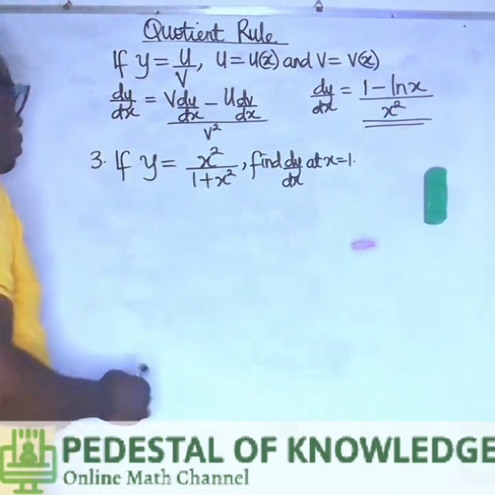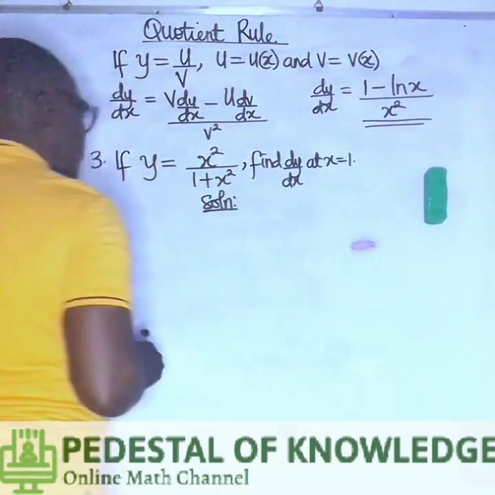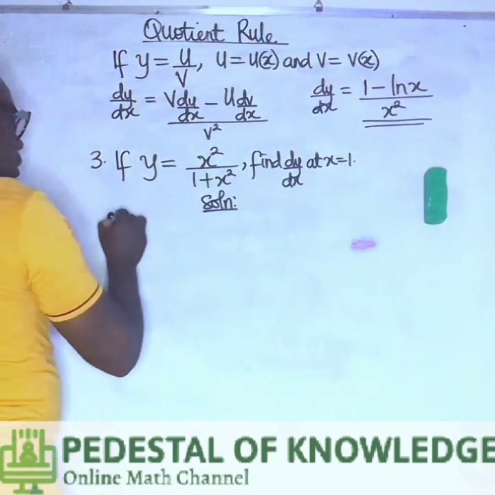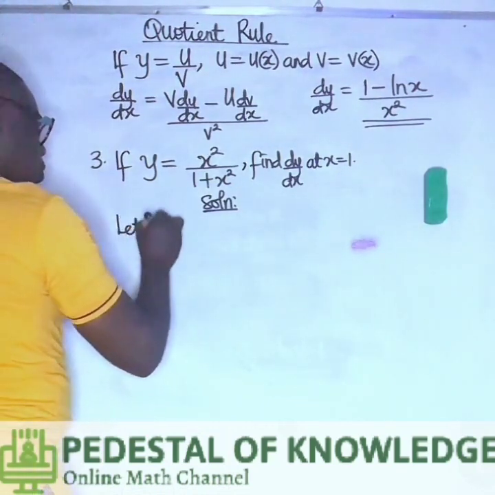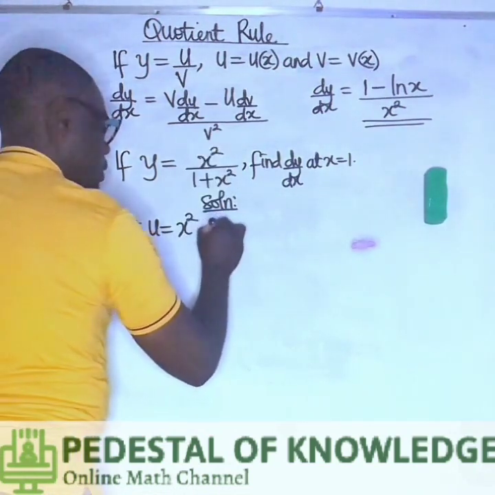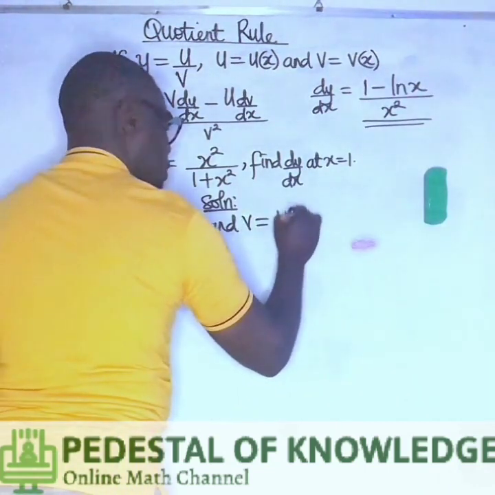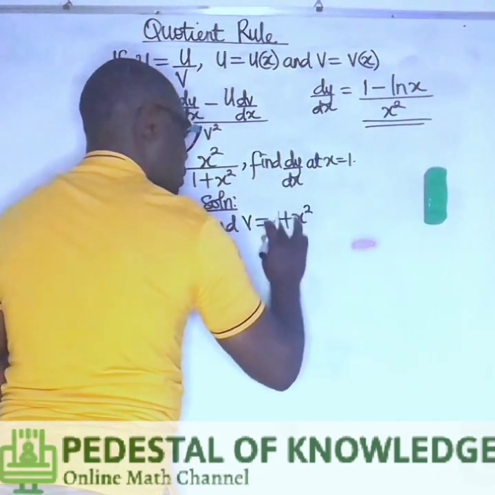Okay, so as usual, we say let u be x raised to power 2 and v be 1 plus x squared.